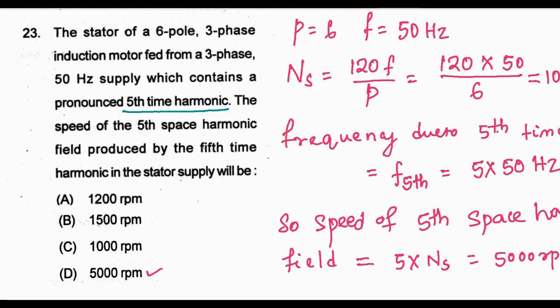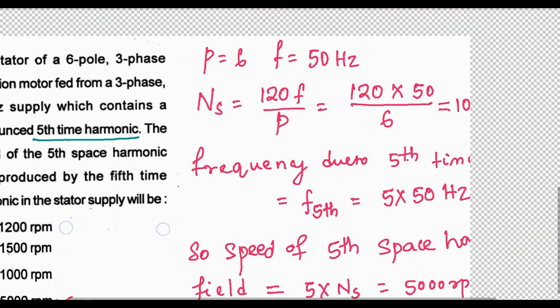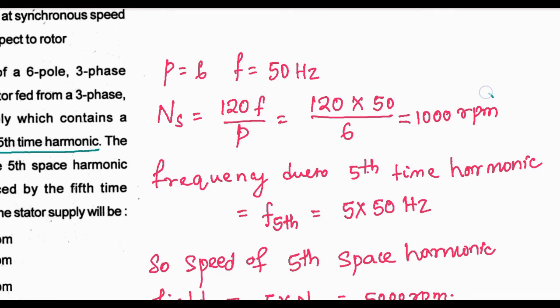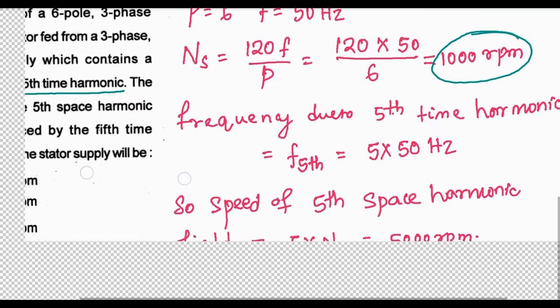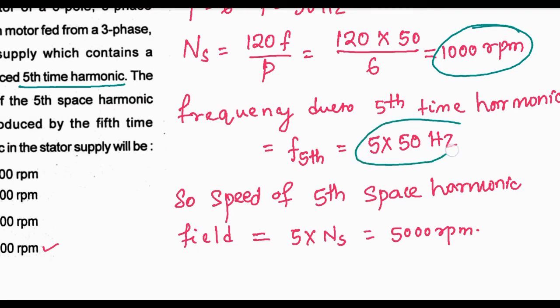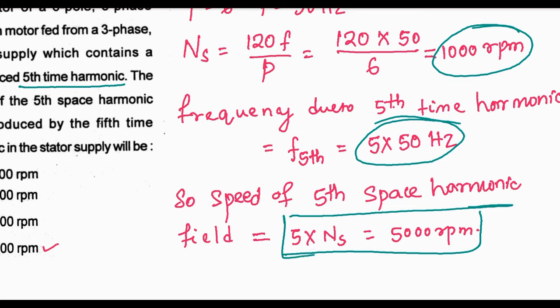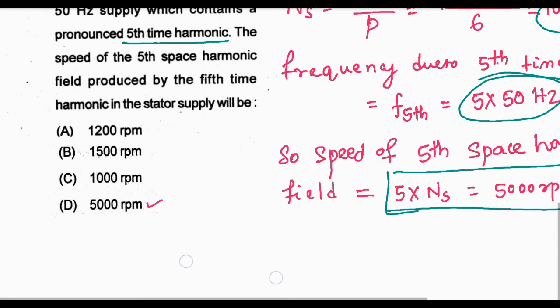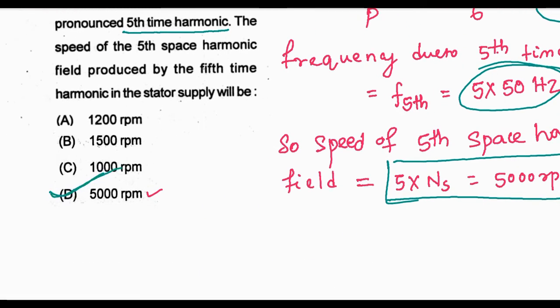Synchronous speed is 120 f by P, where f is 50 and P is 6. So here the synchronous speed is 1000 rpm, and as this is the 5th harmonic, the frequency will be 5 times. As the frequency is 5 times, the speed of the space harmonic produced MMF will be 5 into Ns, that is 5000 rpm. Here option D is the correct answer.